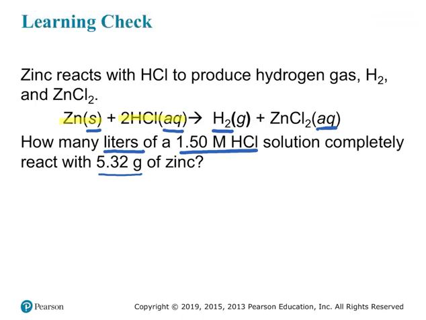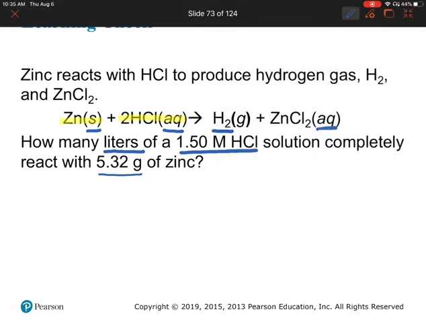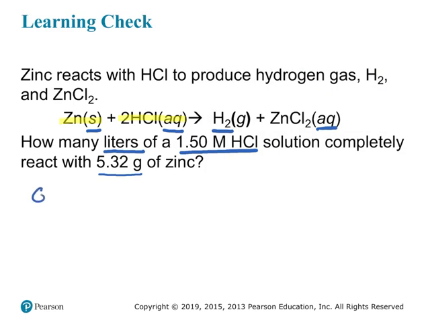All right, so now let's write out what we're given. We're told that we have a 1.5 molar solution of hydrochloric acid, so I'm going to write that as moles per liter.